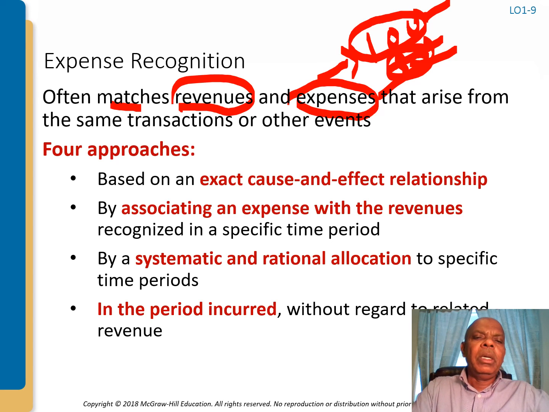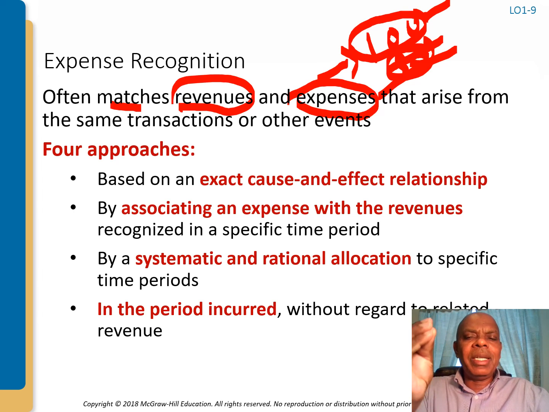What does that mean? Now, you remember back then, the one example we saw, rent, right? When you pay rent for, say, 1 year, but the rent, we're going to use the $60,000, if you remember correctly, for 3 years. You cannot really charge the entire $60,000 in 1 year.